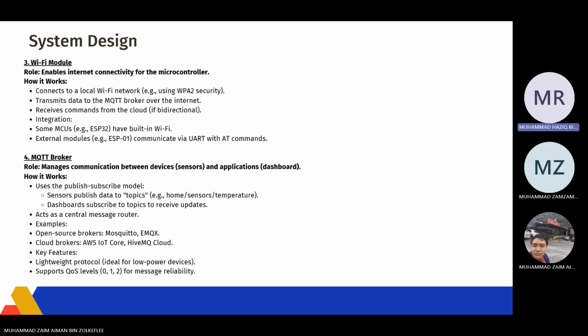For example, open source brokers like Mosquitto and EMQX, and cloud brokers like AWS IoT Core and HiveMQ Cloud. Key features are a lightweight protocol and support for QoS levels 0, 1, 2 for message reliability. Next slide please.